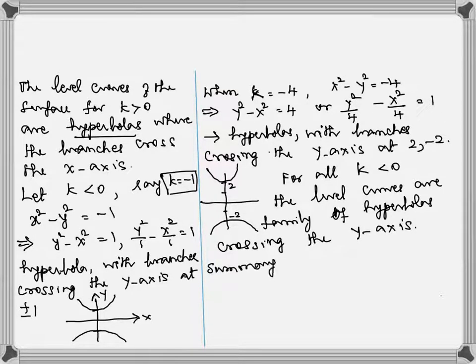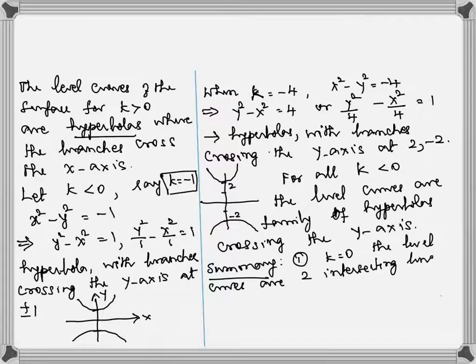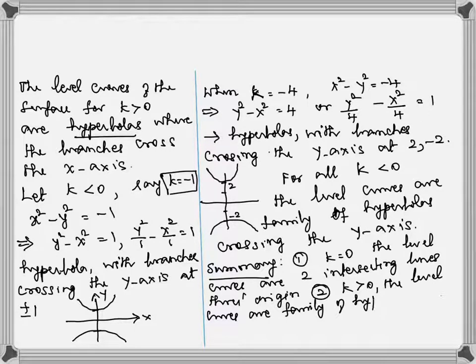So in summary, we can say when k equal to 0, the level curves are two intersecting lines passing through the origin, and when k is positive, the level curves are families of hyperbolas where the branches cross the x-axis.